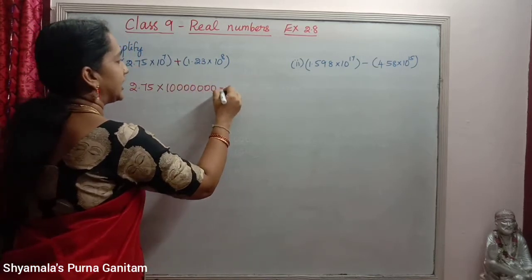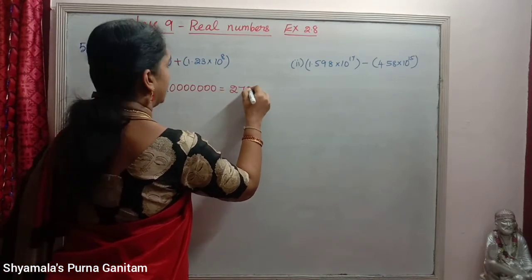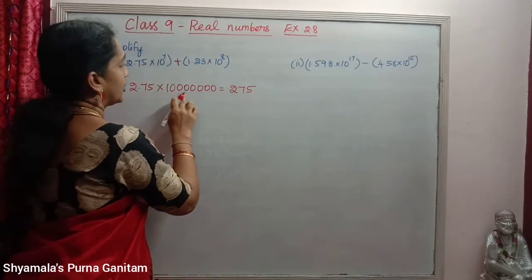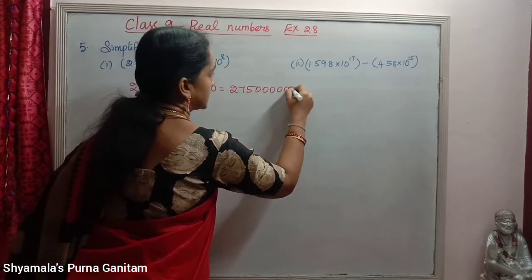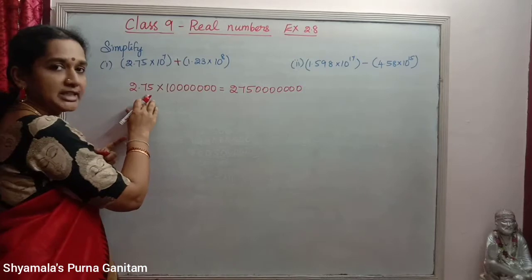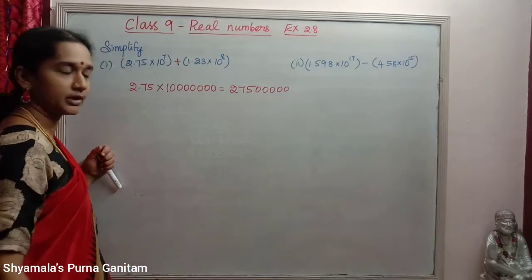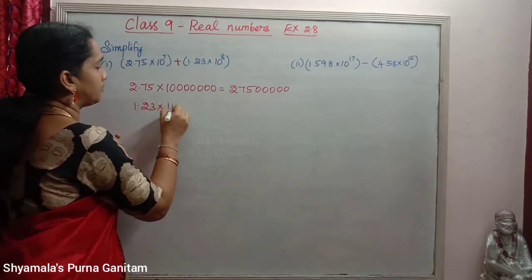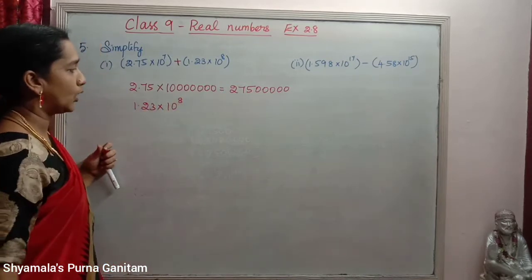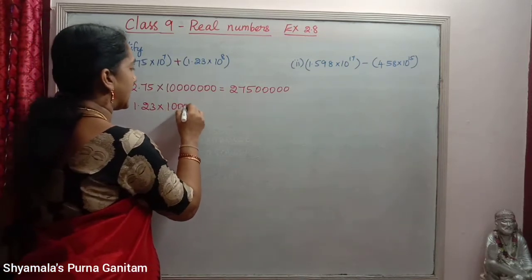We will get the answer for this as 275 followed by 7 zeros: 1, 2, 3, 4, 5, 6, 7 zeros. But 2 decimal places are there, so 2 zeros will be removed. Then 1.23 into 10 power 8, that is 1 followed by 8 zeros.